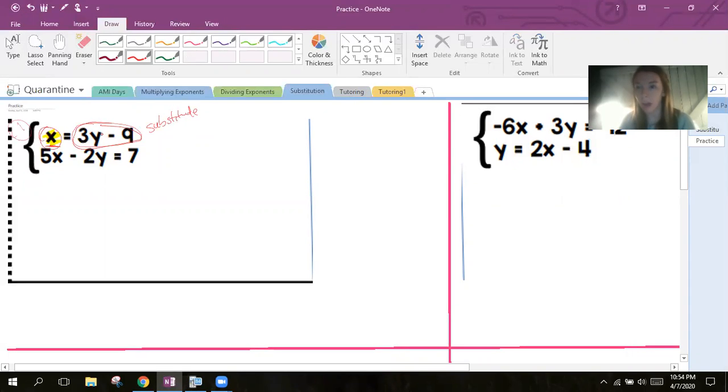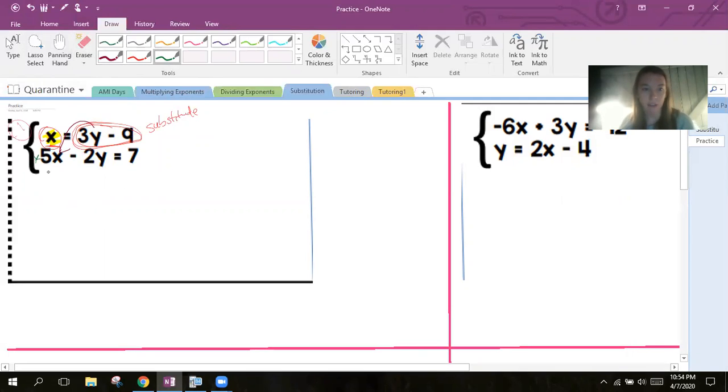Now, if it was set equal to y, we would obviously substitute it in everywhere we saw y. So we're just going to take 3y minus 9, and everywhere we see an x, we are going to plug it in there. We're going to take my second equation, because that's the one that wasn't solved for a variable, and rewrite it with the other equation substituted in.